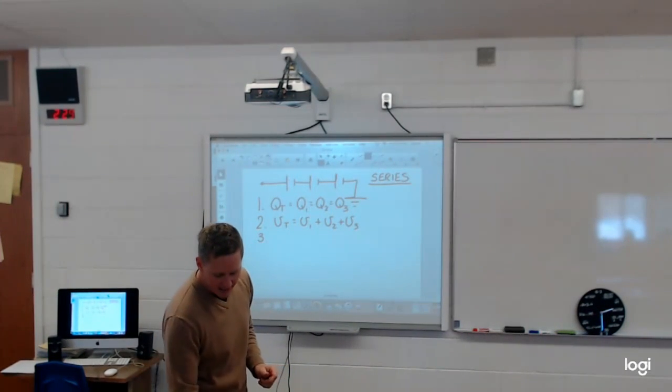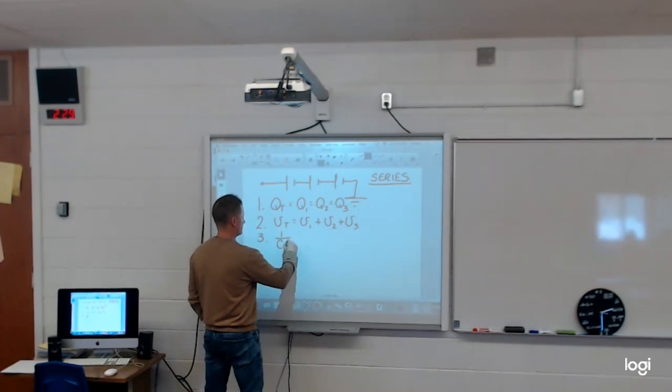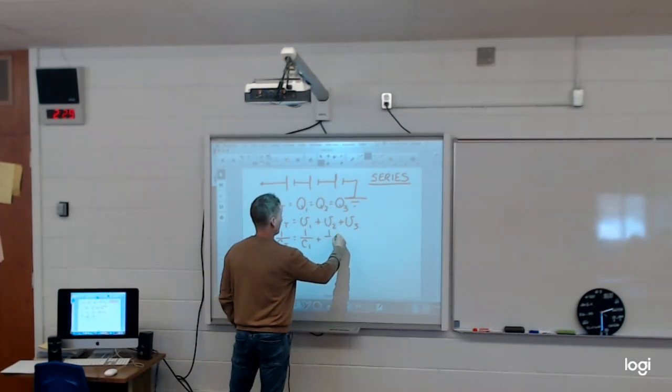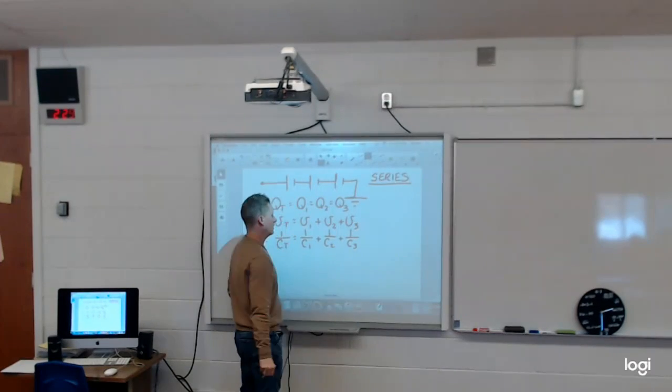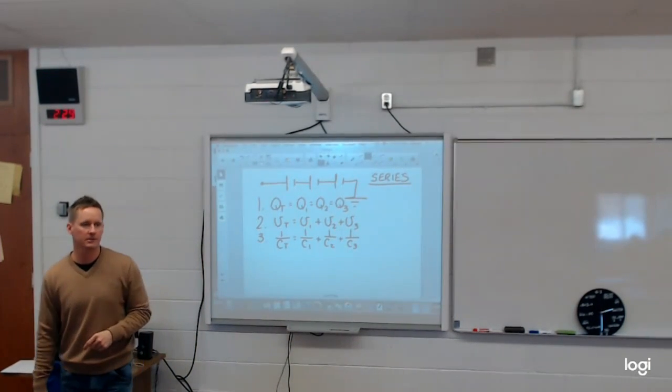The capacitance, this one is a little different, but I'll make it make sense in a second. It's the sum of the ratios or the reciprocals of all the capacitors.